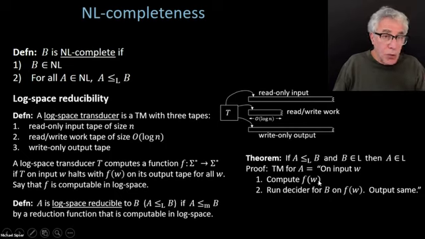You may not be able to store f of W in the log space memory for the machine that's deciding A.